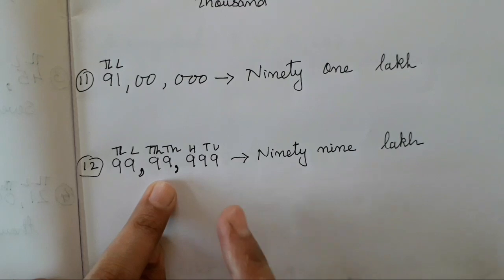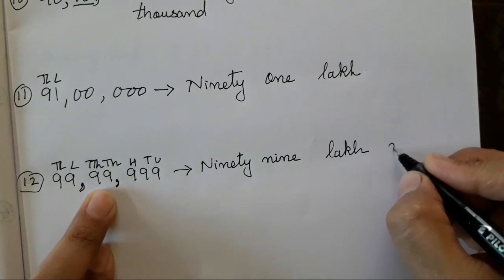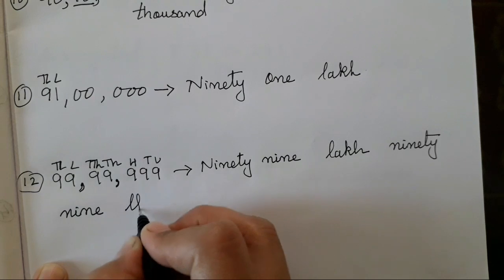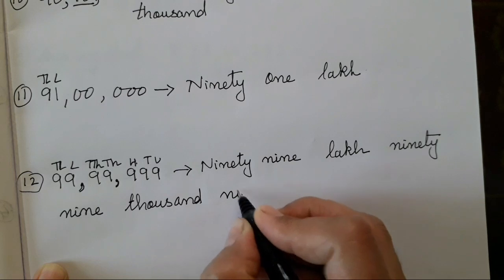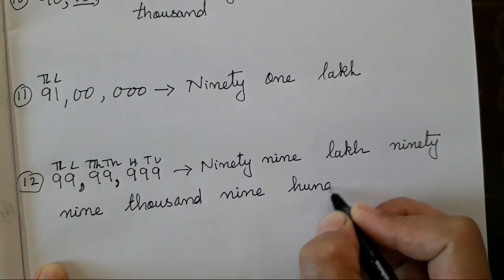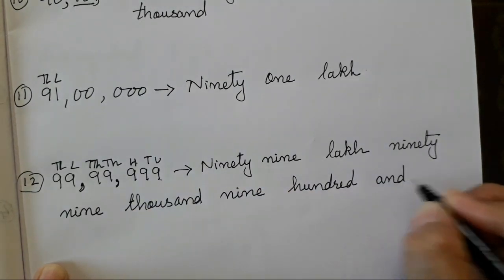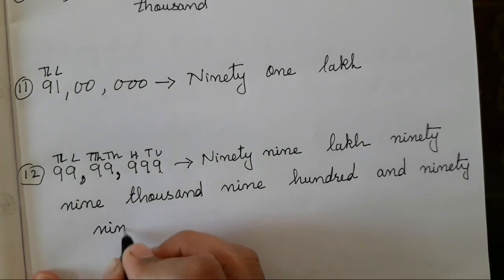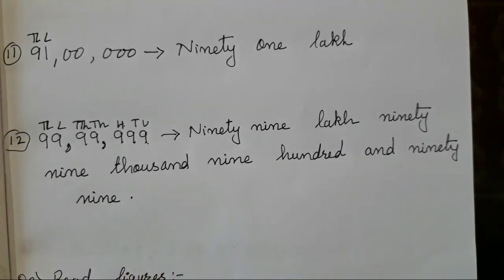As I said, it has some meaning, so don't forget about it. 99 lakh, 99,000, isn't it? 99,900, 900 and 99. Wasn't it easy? And I'm sure the teacher is going to put this sum in the question paper. So practice this sum. It is very easy.